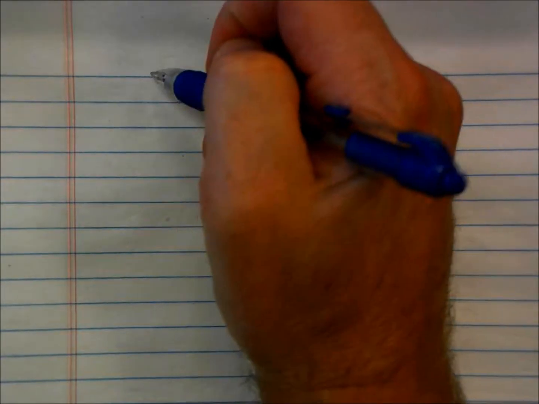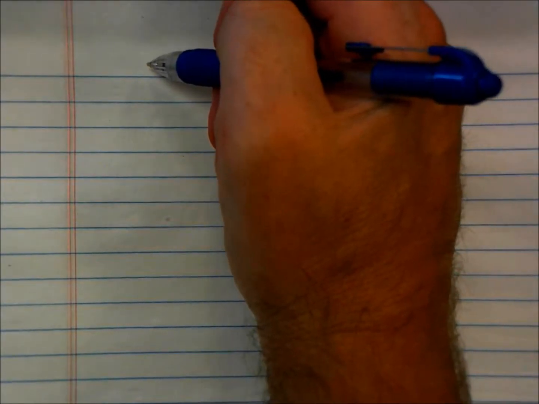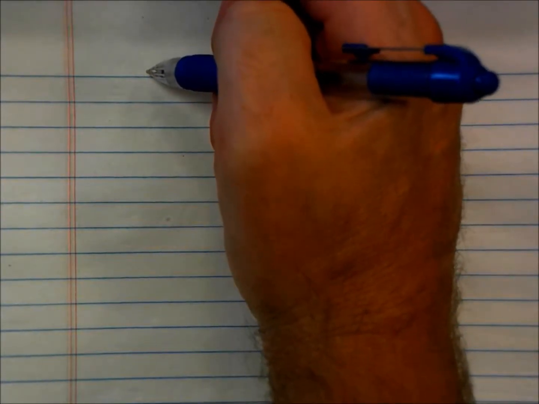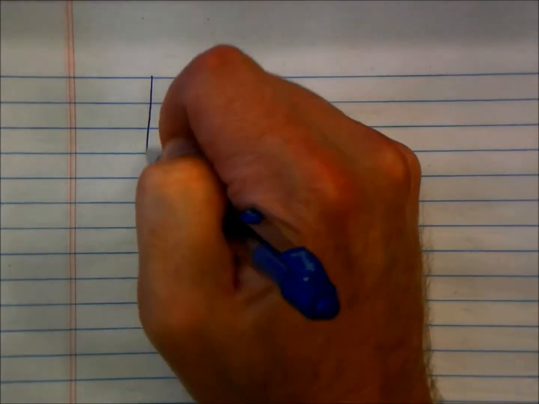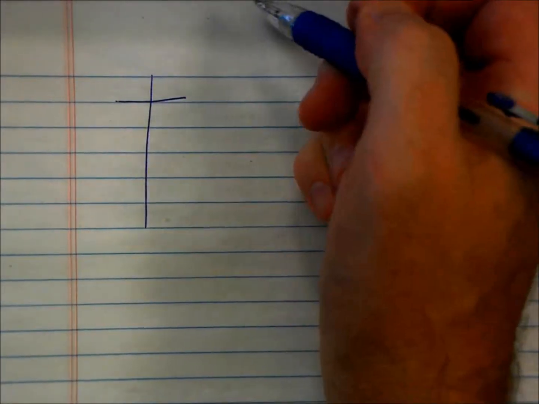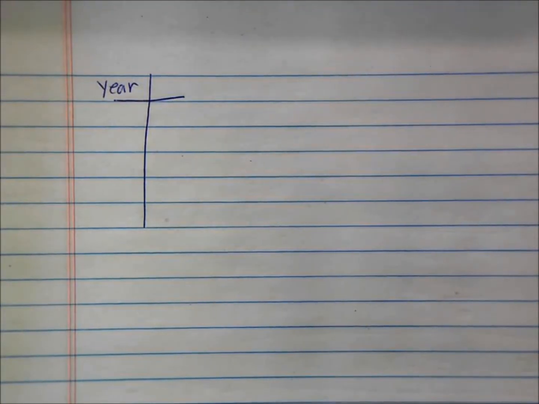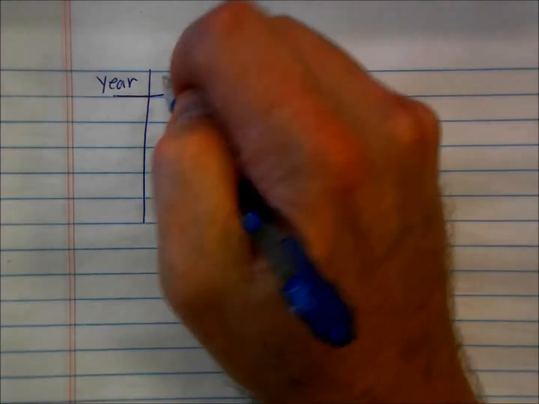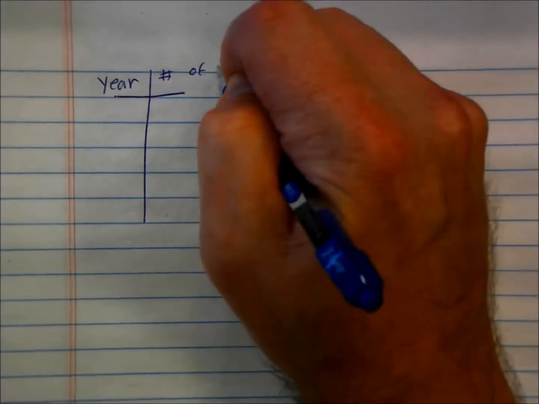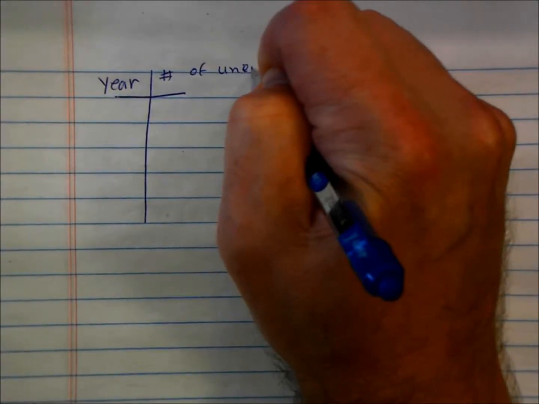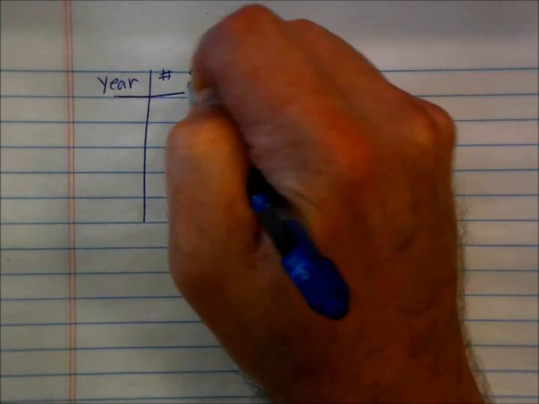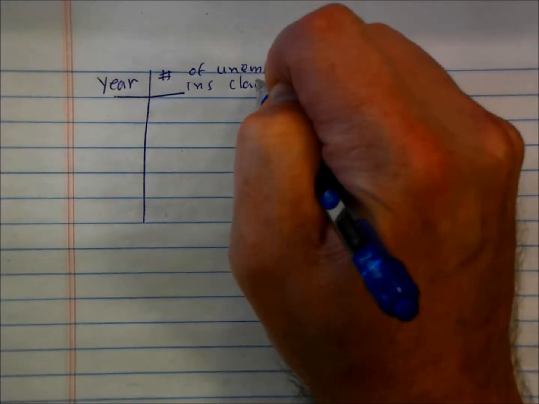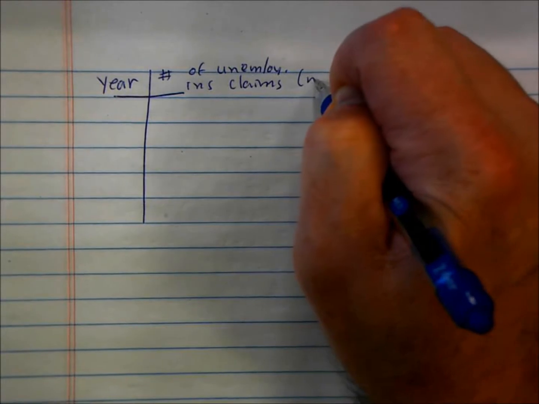All right, so I'm just going to copy a problem out of the book here. We have year in this column. And in the other column, we have number of unemployment insurance claims. And this is in millions.